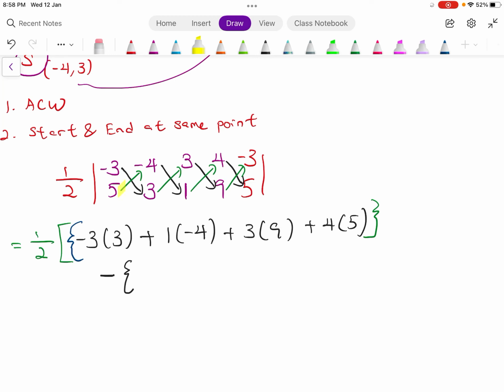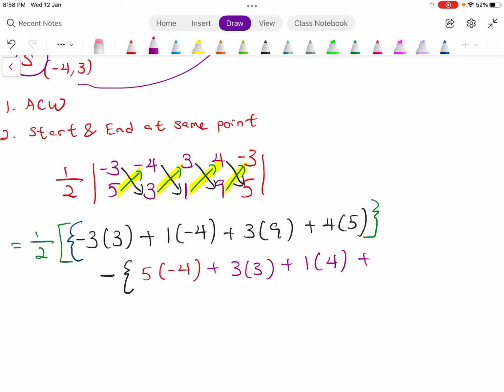So 5 now it's from here, 5 times -4. Next is 3 times 3 plus 3 times 3. Next is 1 times 4 plus 1 times 4. Last but not least, 9 times -3.